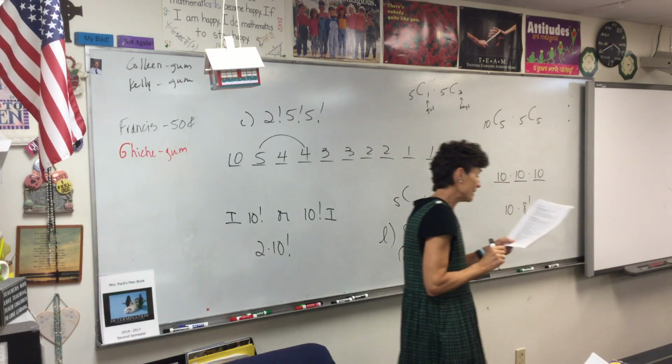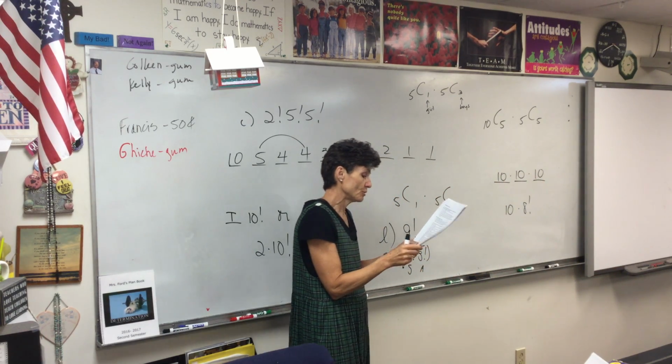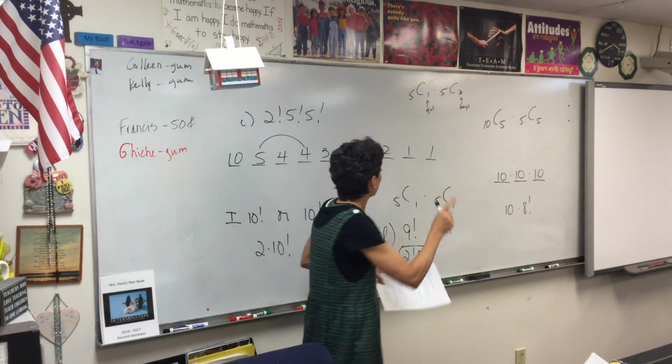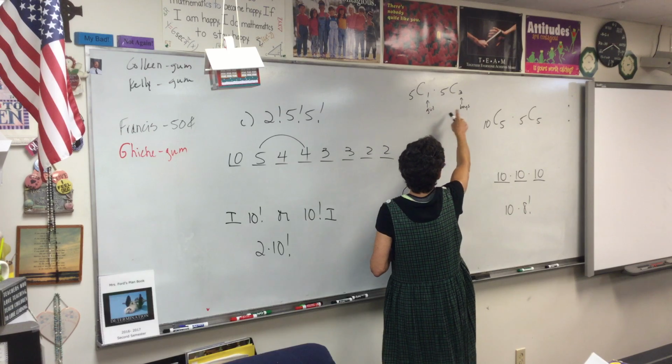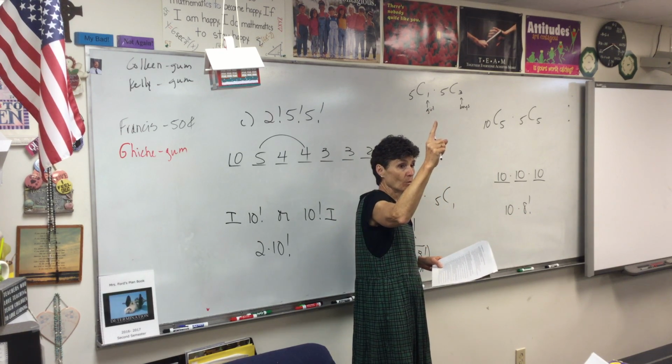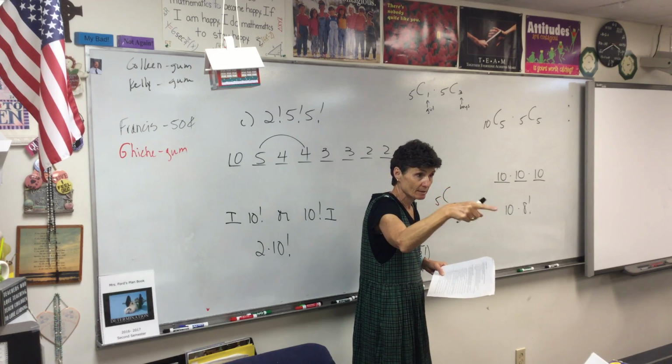Now, how many ways can the teacher choose 4 students if there must be at least 1 girl? All right, now wait a minute. This is the ways that there's exactly 1 girl, right? What else could happen? 5C2, 5C2.